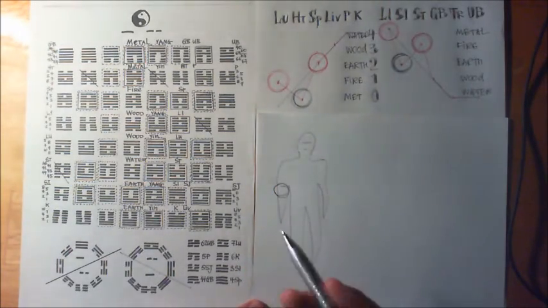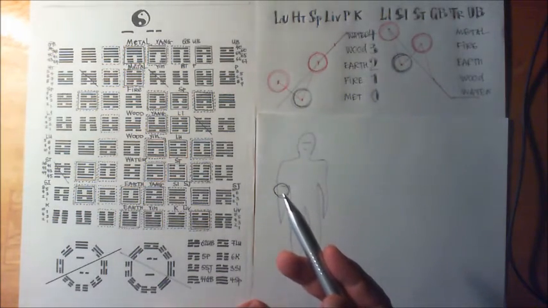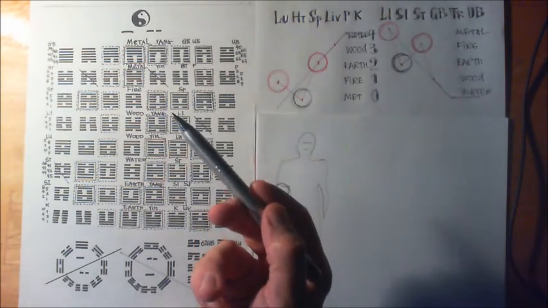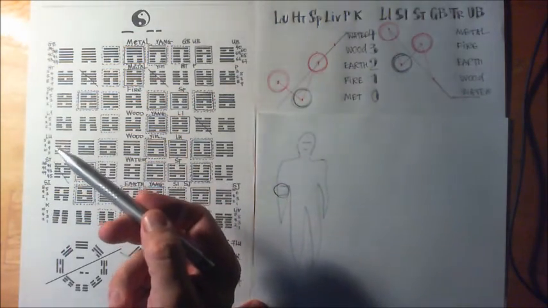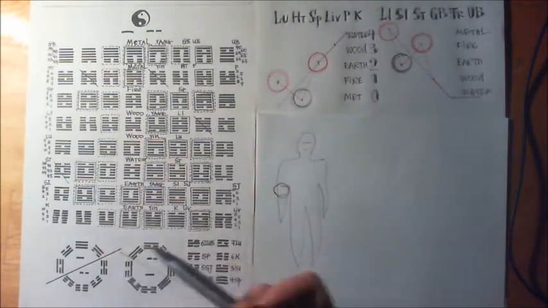So what we use, we have the lung meridian, the trigram is like that.